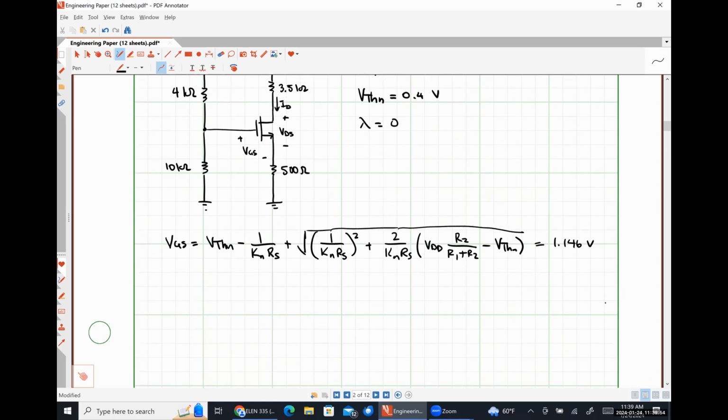So using this number, we can then see that the quantity VGS minus VTH is 0.746 volts, which means we've confirmed our device is on properly. Okay.